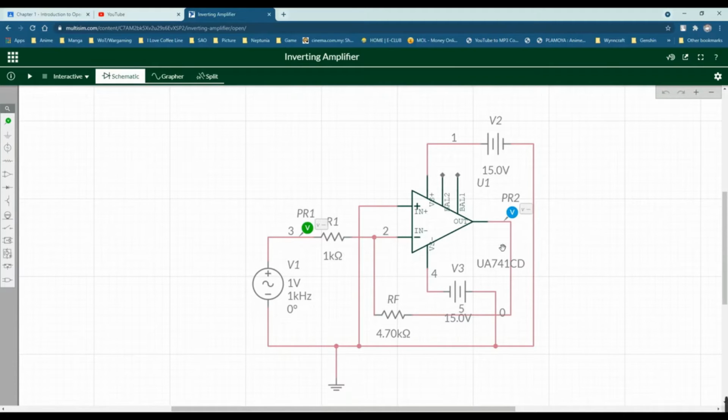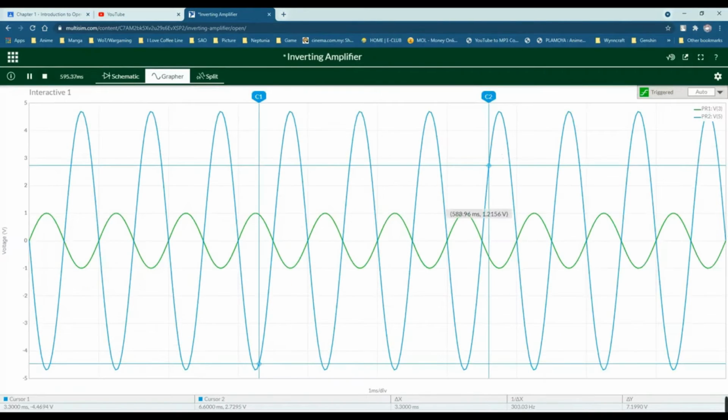When we run the simulation, we can see that the input signal is the green color and the output is the blue color.